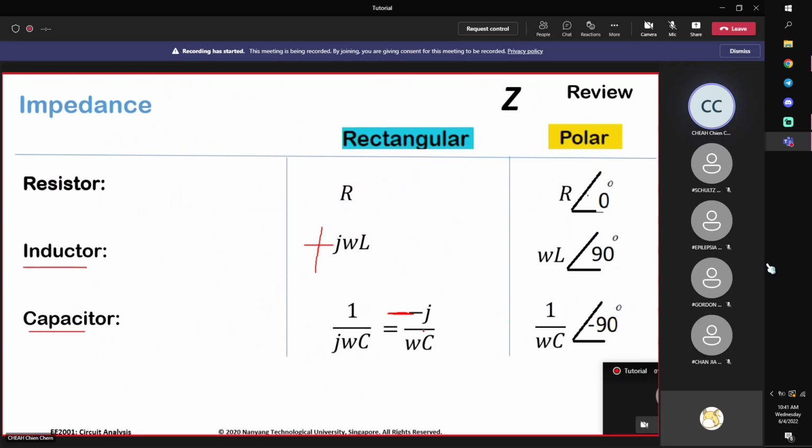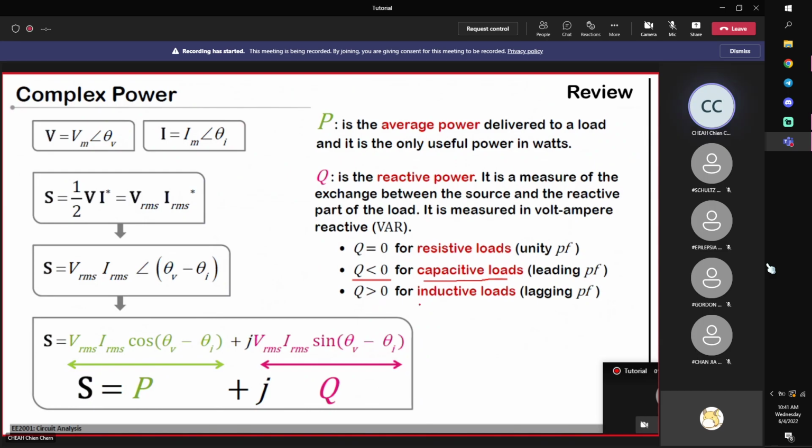So you use I squared X: with negative X you get negative, with positive X you get positive. Therefore, for a capacitive load, I say again, you get a negative reactive value. For inductive loads, you will get positive reactive power.